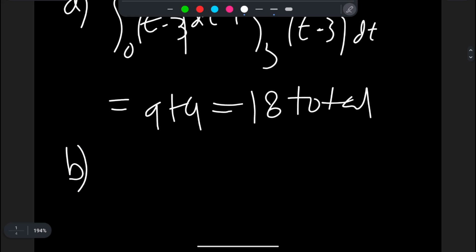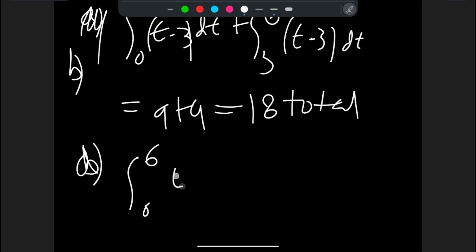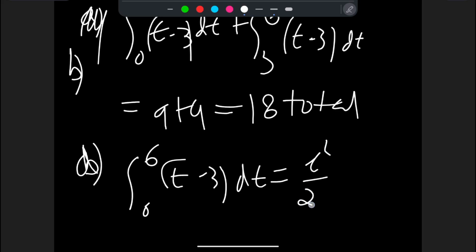And then for B, sorry, this was B. Now if I'm doing A, I would find this integral from 0 to 6, t minus 3 dt equals t squared over 2 minus 3t from 0 to 6, which also is 18.